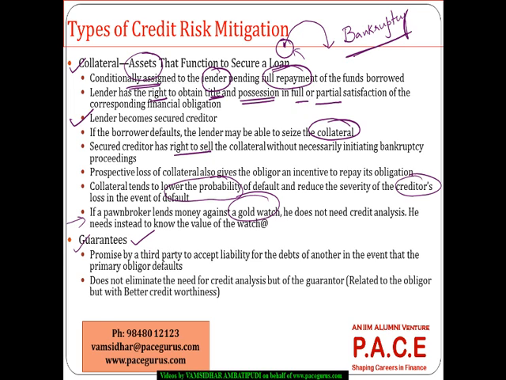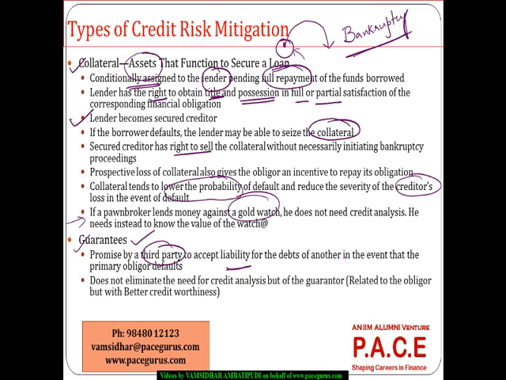Similarly, another tool that plays an important role in credit risk mitigation is the guarantee, which is a promise by a third party to accept this liability in case the primary party fails on paying off its debt.